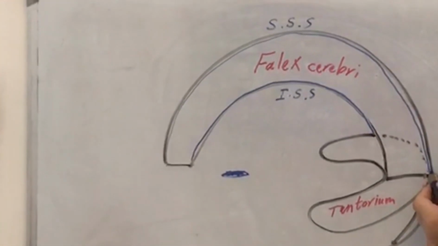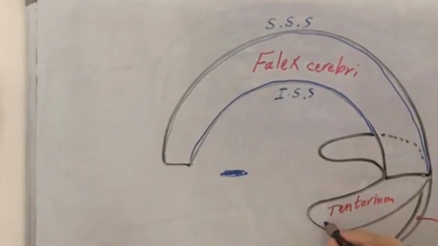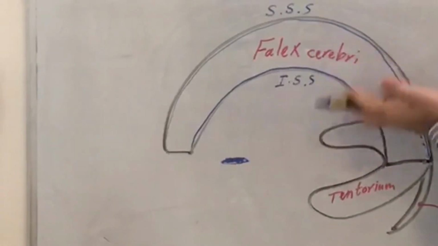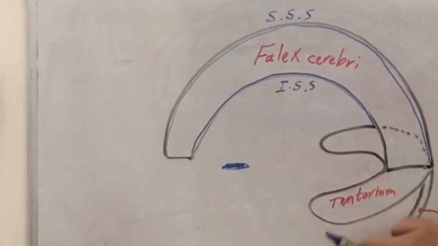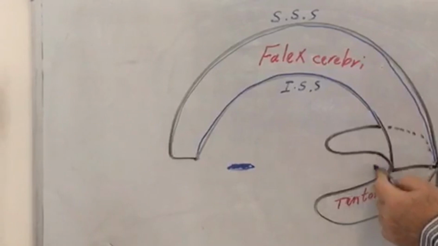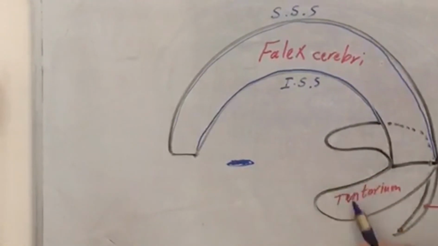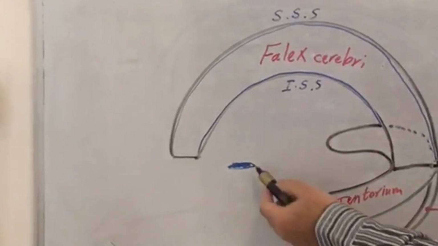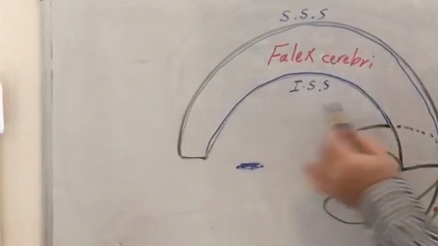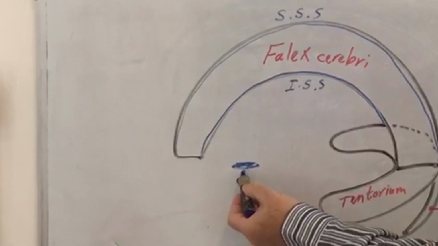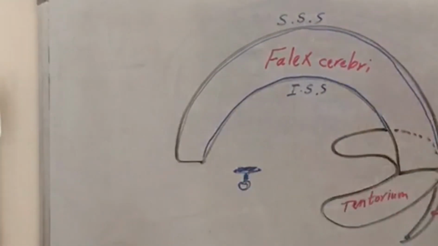Of course, this is the tentorium cerebelli, which separates the cerebrum superiorly and the cerebellum located here inferiorly. This region, this opening, is for the passage of the brain stem passing downward. The fourth one is diaphragma sellae, which separates the pituitary gland inferiorly and, superiorly, the cerebrum.